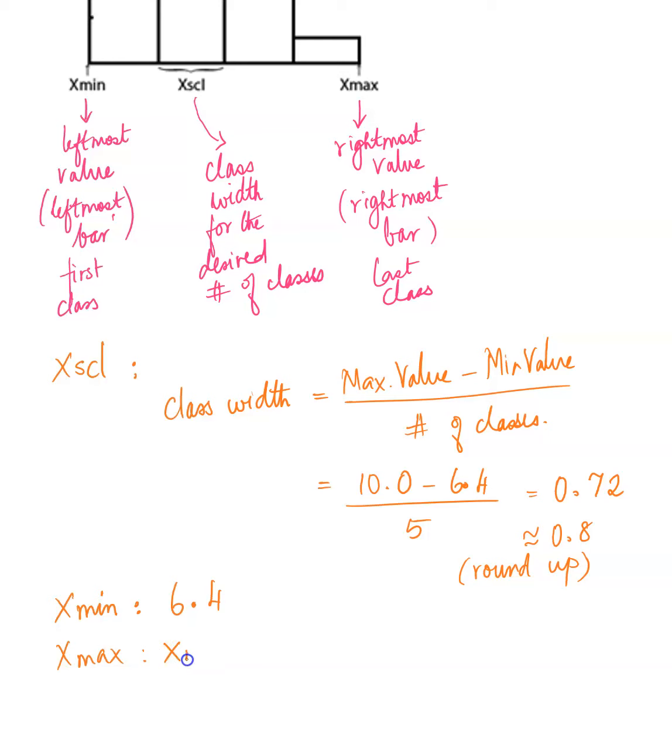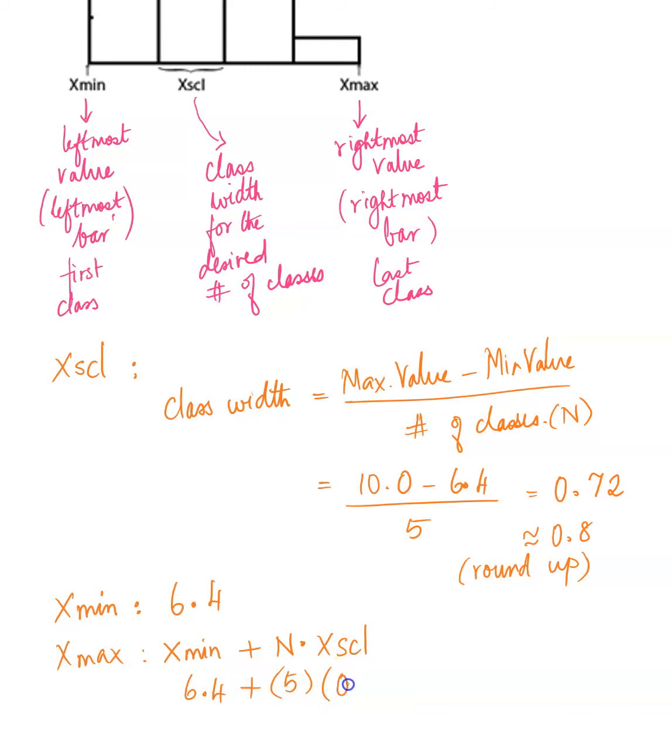histogram. So the calculation is this: X max is X min plus n times XSCL. Okay, n is the number of classes. So I call this capital N there. So then X min is 6.4 plus number of classes is 5 times XSCL.